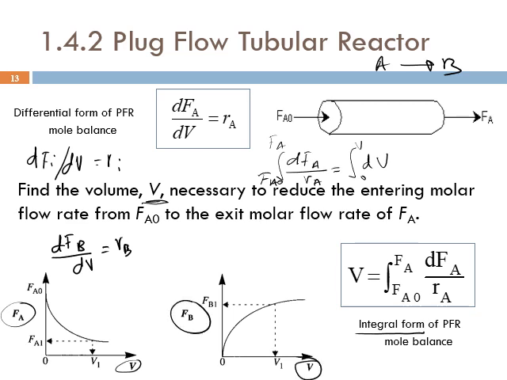So if A is the reactant, you can see that A is decreasing as we go down the length of the reactor, and B, which is a product, the FB is increasing as we go down the length of the reactor.